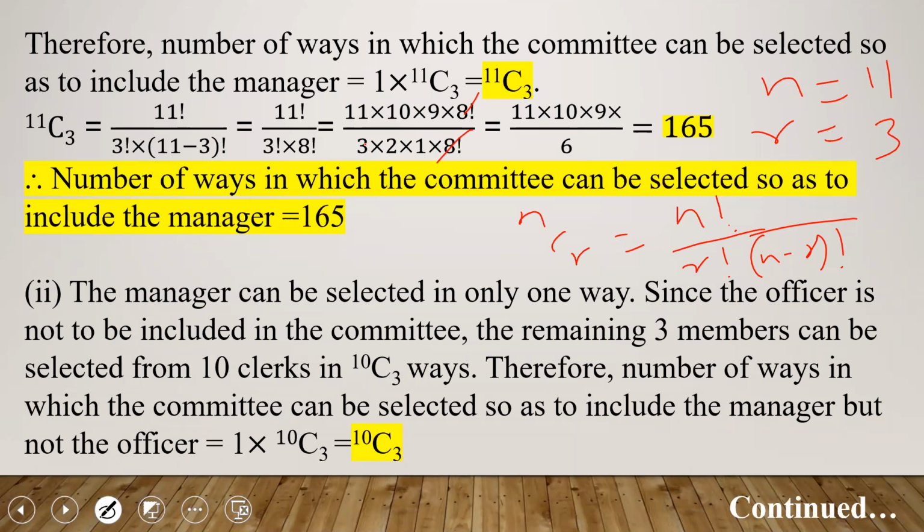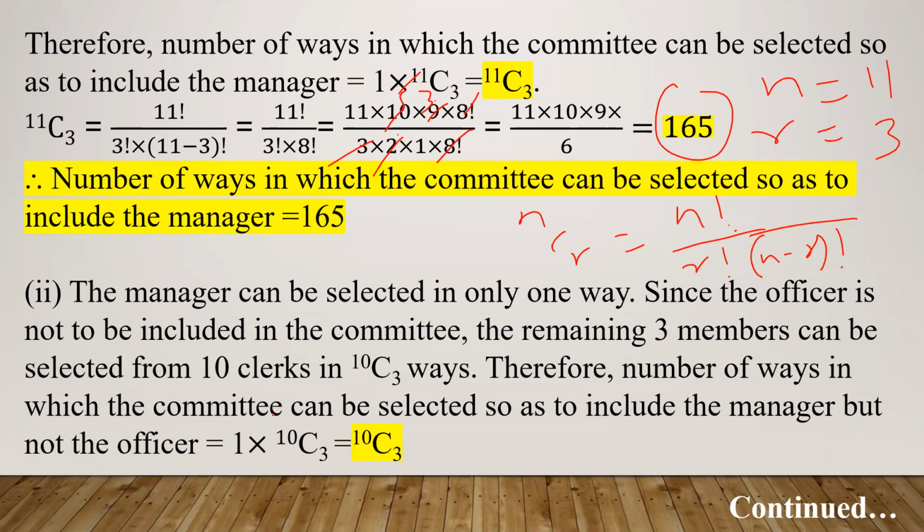Now 3 ones are 3, 3 threes are 9, 2 ones are 2, 2 fives are 10. So the answer will be 5 into 3 into 11, which gives you 165. That is how I have written it, or if you want, you can do it by calculator also. So you get 165.